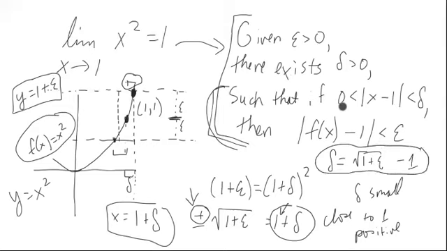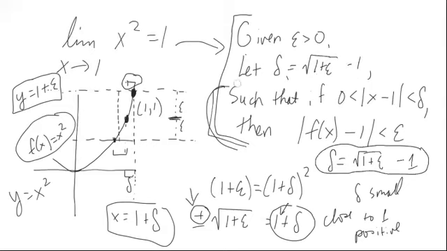Let's rewrite this, because a full part of verification is rewriting the statement in the way illustrated in the last example. So instead of there exists delta greater than 0, we write let delta be the square root of quantity 1 plus epsilon, minus 1.